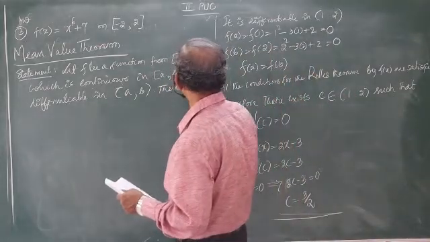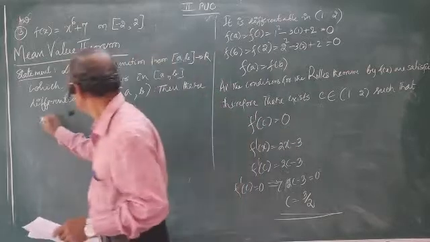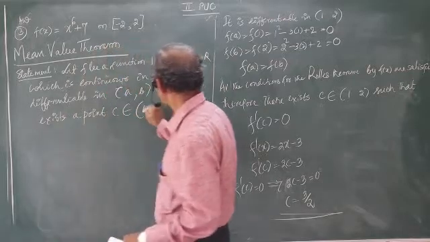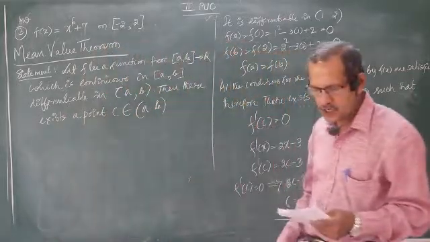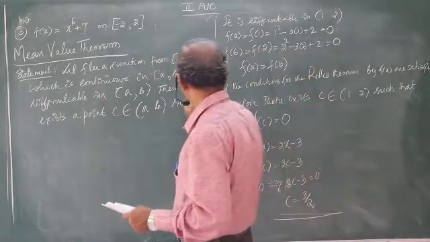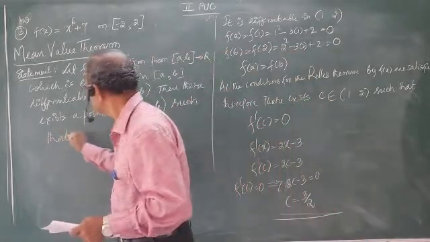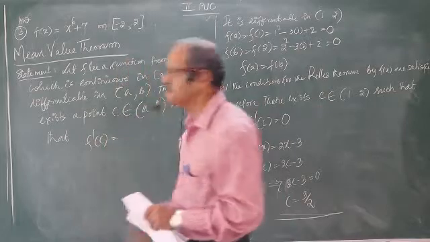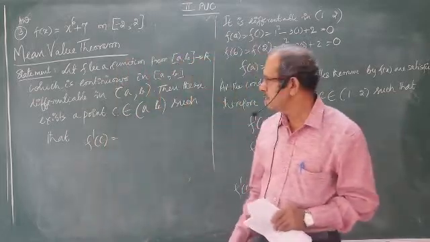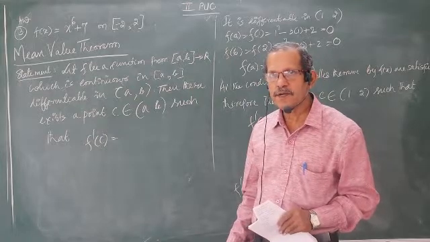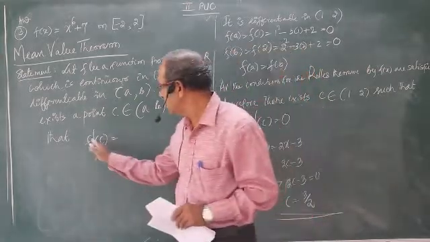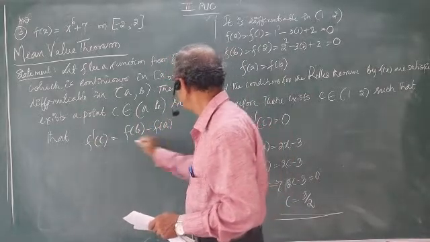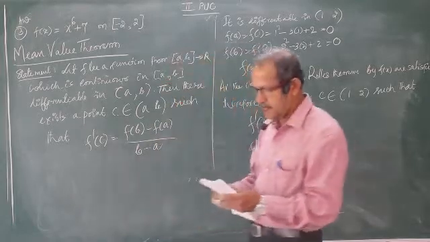Then there exists a point C belonging to the open interval AB such that F dash of C equal to, in the previous case Rolle's theorem it was 0, but here F dash of C equal to F of B minus F of A divided by B minus A.